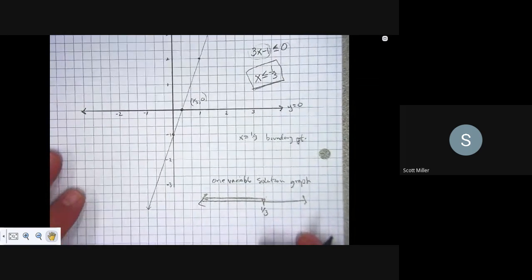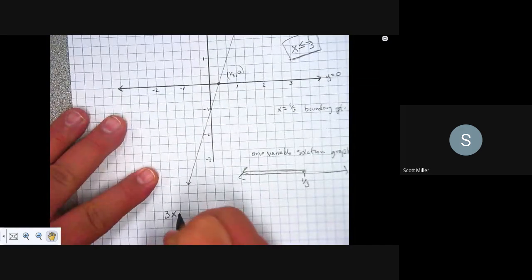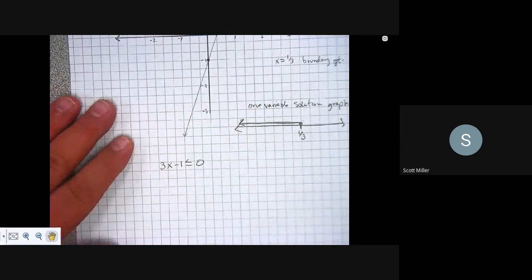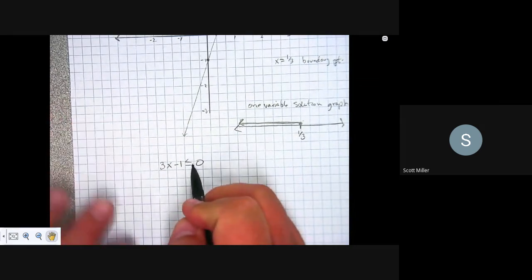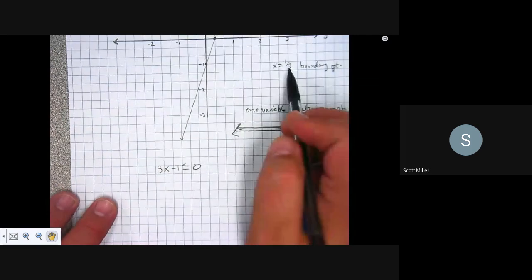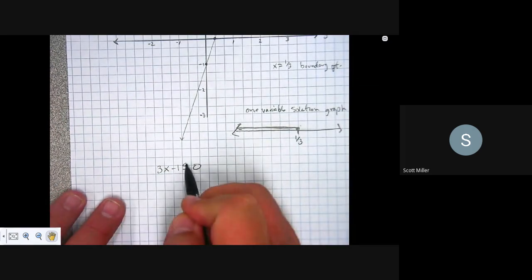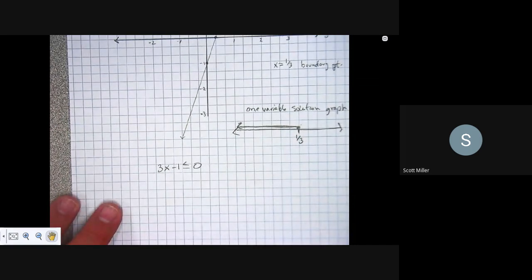To solve this inequality, 3x minus 1 is less than or equal to 0, algebraically, you're going to follow all the steps that are required for solving an equation. Solving the equation gives me the boundary points. So we're going to go through the process of solving this just as if there was an equal sign here, with the one special step that we need to remember.